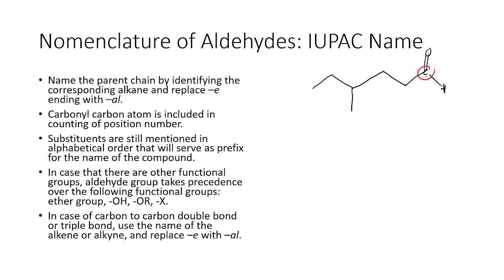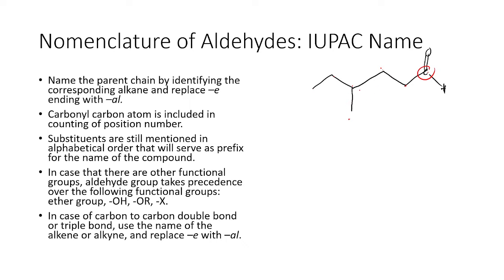So basically that will be 1, 2, 3, 4, 5, 6, or that can be 1, 2, 3, 4, 5. So mas mahaba yung 6, so we'll be using 6. So that will be hexane. Okay, bakit hexane? Kasi hex, 6. 6 carbons, so ane.